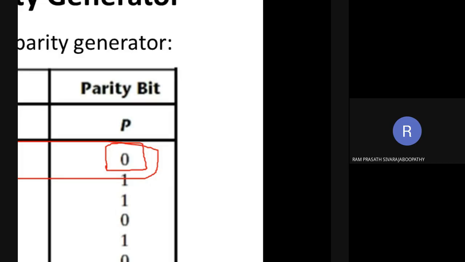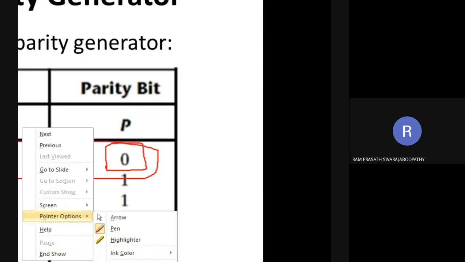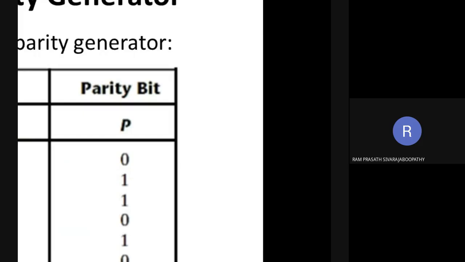What about this combination? We have only one 1 in the message. So the message is odd parity. To make it even parity, I marked the parity bit as 1.